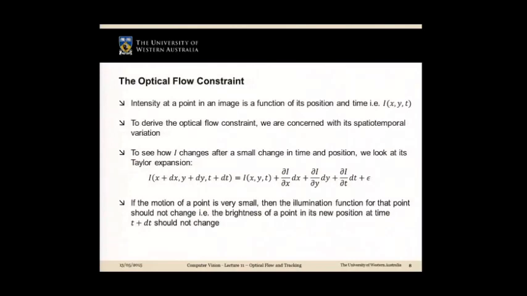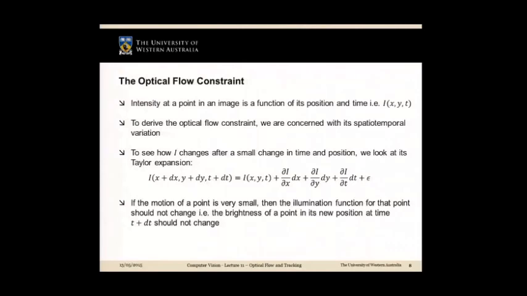Now to see how I changes after a small change in time and position, we look at its Taylor expansion. In the next frame, after some given amount of time t plus dt, there is a change. We move to the next frame and compute that change, and that's given by this Taylor series expansion.